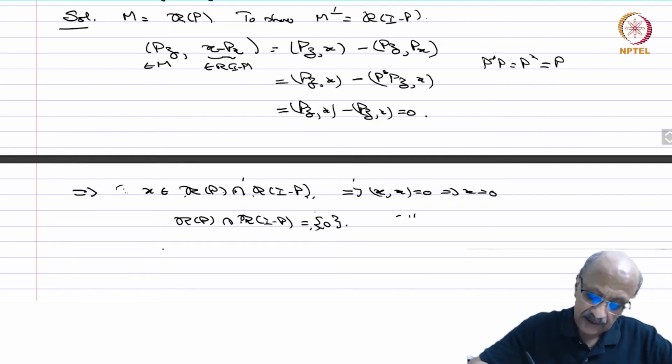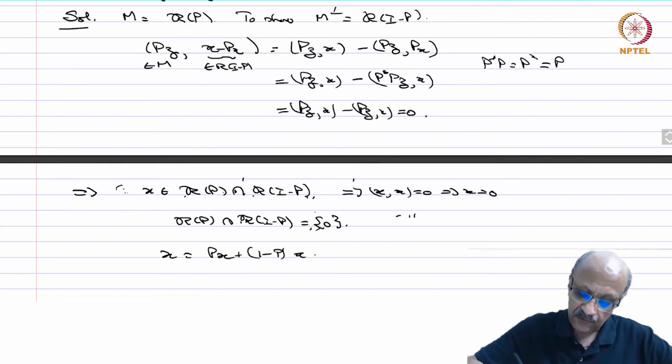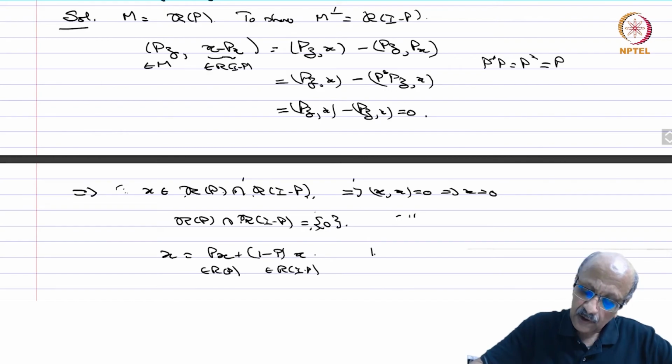Okay, and then any x can be written as Px plus (I minus P)x, and this is in range of P and this is in range of I minus P, and therefore H is equal to range of P direct sum range of I minus P, and H is also equal to range of P, which is equal to M for us, direct sum M perp.